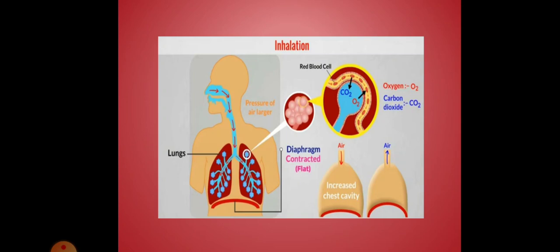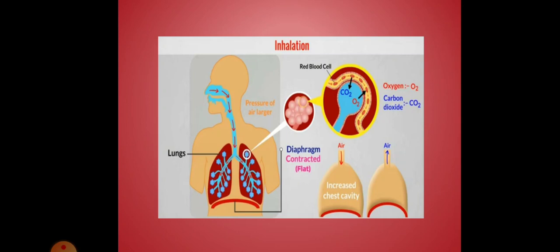As the pressure of air is larger outside as compared to inside the lungs, so air moves inside the body from higher pressure to the lower pressure.